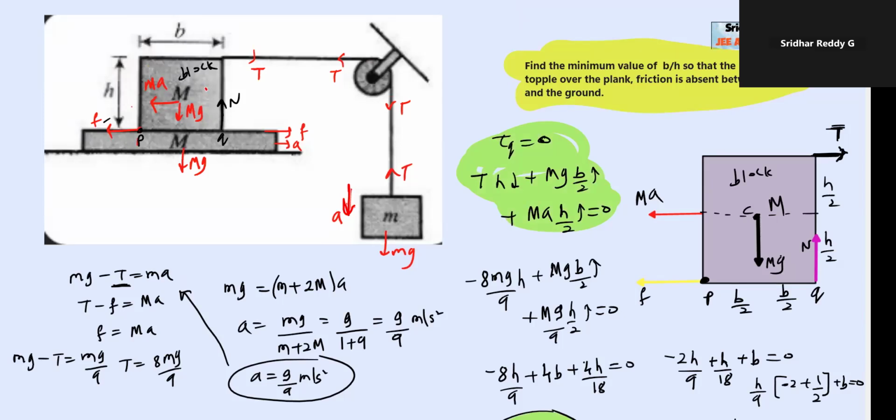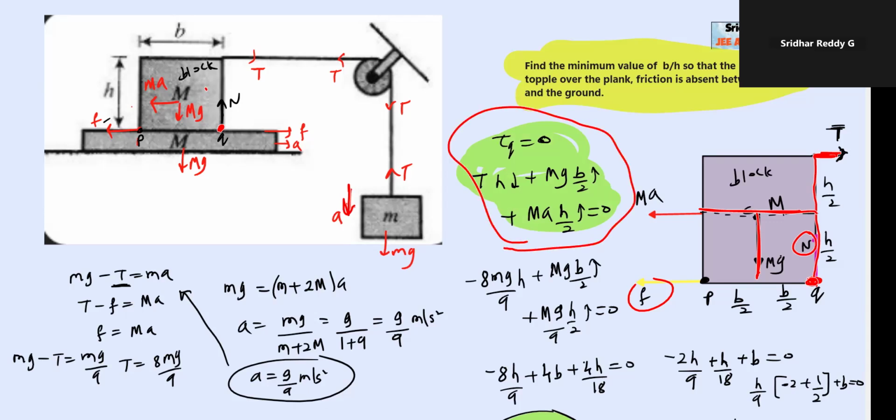Now it's asking that it should not topple. It has the ability to topple about Q. So therefore, the net torque about Q will define it. So the net torque about Q will be torque due to the tension, torque due to the pseudo force, torque due to the weight, where the normal contact and the friction will intersect the axis of rotation. So we wrote this torque equation and solved it.